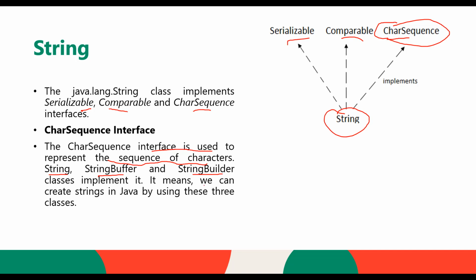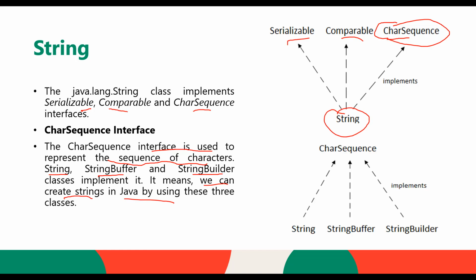So it means that we can create a string in Java by using these three classes: String, StringBuilder, as well as StringBuffer. As you can see on the right side, the CharSequence interface is implemented by these three classes. In this session, we will see how to create a string using the String class. In the upcoming video, we will discuss StringBuffer as well as StringBuilder.